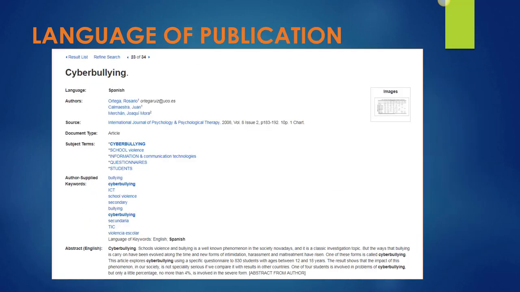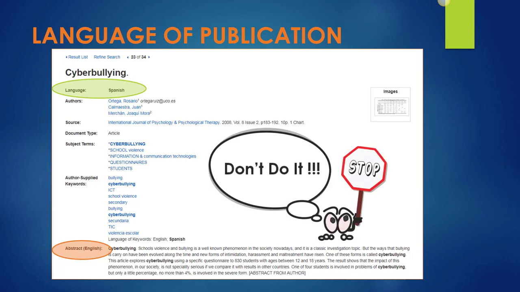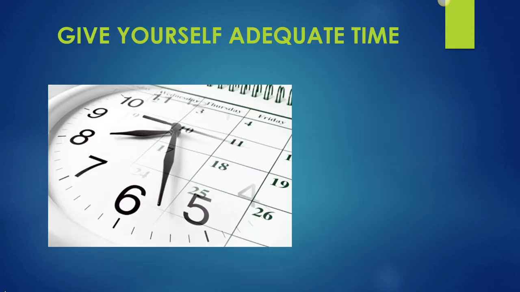On the record page, I can read the abstract in English. However, this article is in Spanish. To avoid disappointment and wasting valuable research time, do not ILL. If you are in a database and the title is in brackets, this also means that the article is not in English. Again, don't do it.